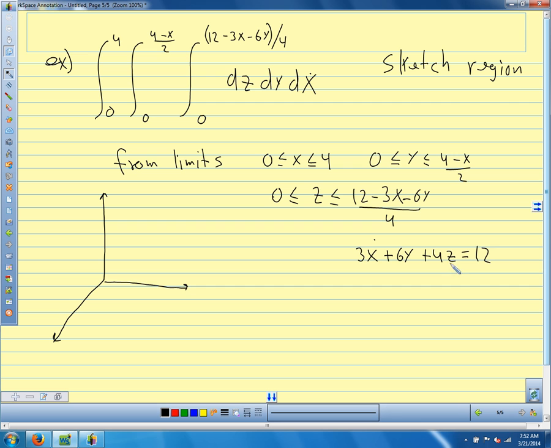When y and z are 0, x equals 4. So I get a point here on the x-axis at x equals 4. When x and z are 0, y equals 2. So I get a point over here at y equals 2. And when x and y are 0, z equals 3. So I get a point up here at 3. So we have the plane. Our plane looks like this.